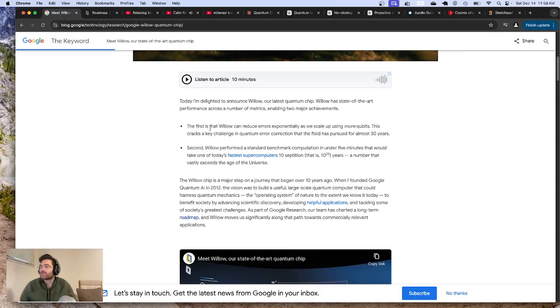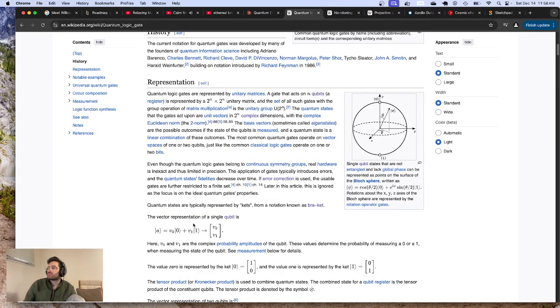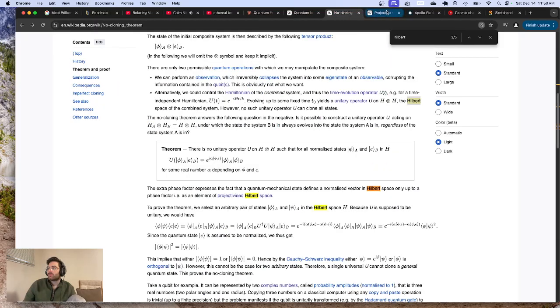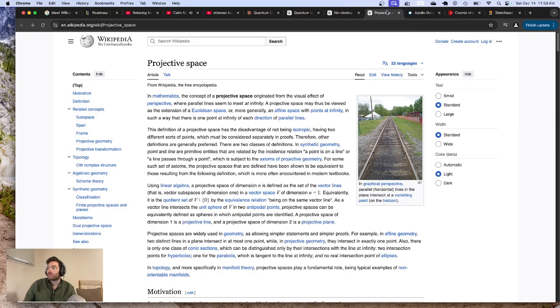Alright, we made it to the first bullet point again. Good job. I realized there's a lot more linear algebra in here than I thought. I mean, I knew it was going to be very mathematically heavy, but my linear algebra just isn't there. I actually never really took it.